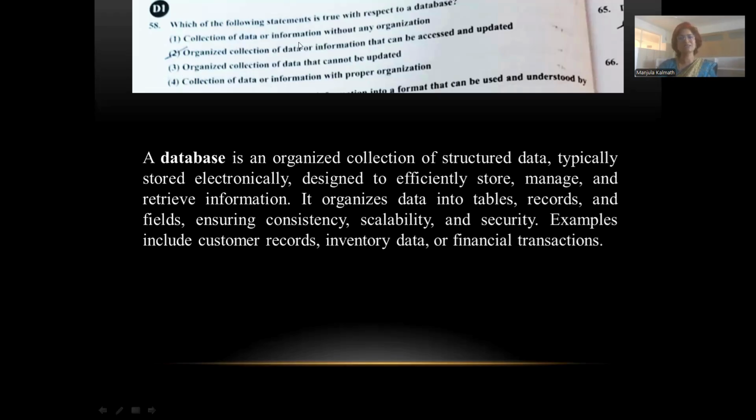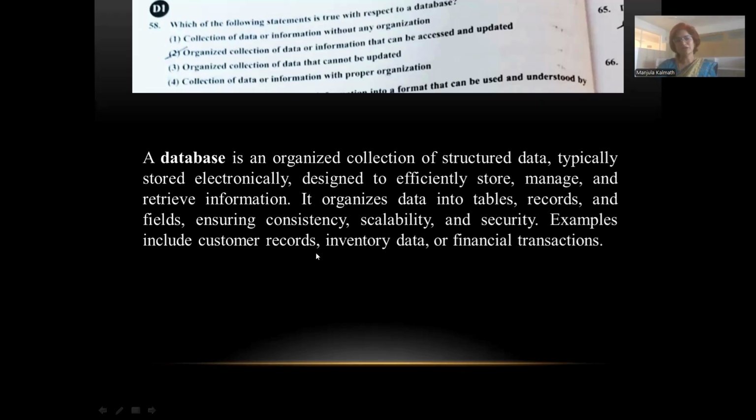Second one, organized collection of the data or information that can be accessed. A database is an organized collection of structured data, typically stored electronically, designed to efficiently store, manage, and retrieve information. It organizes the data into tables, records, and fields, ensuring consistency, scalability, and security.